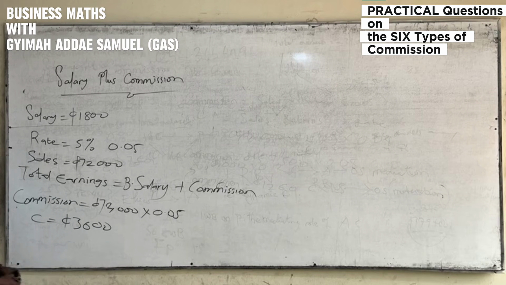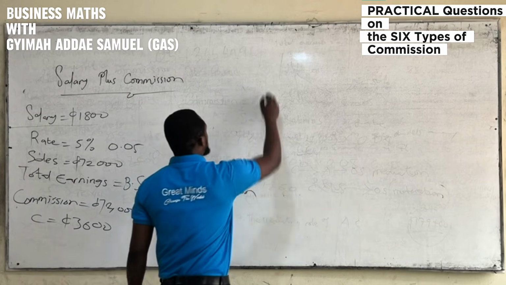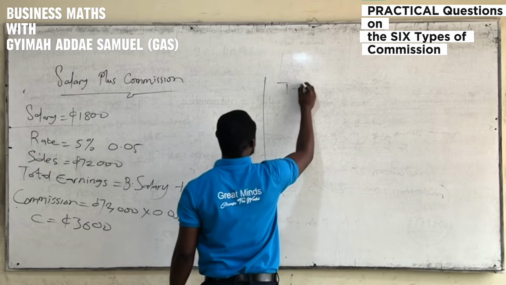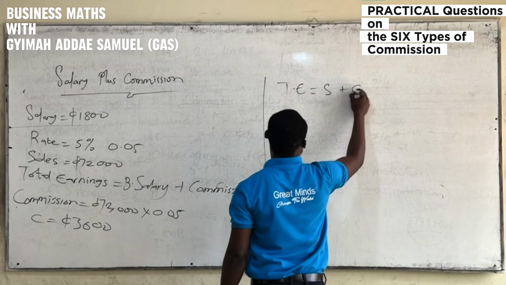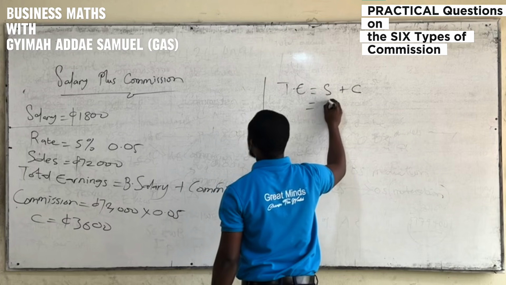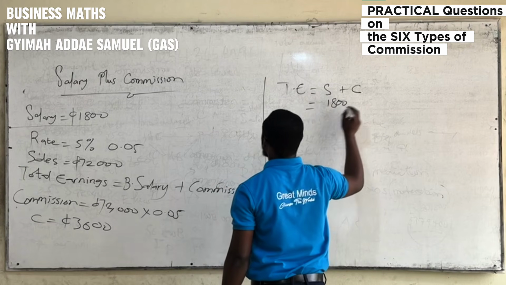After getting the commission, you state your formula again, which is TE, representing total earning, equals salary plus commission. The salary provided in the question is 1,800.